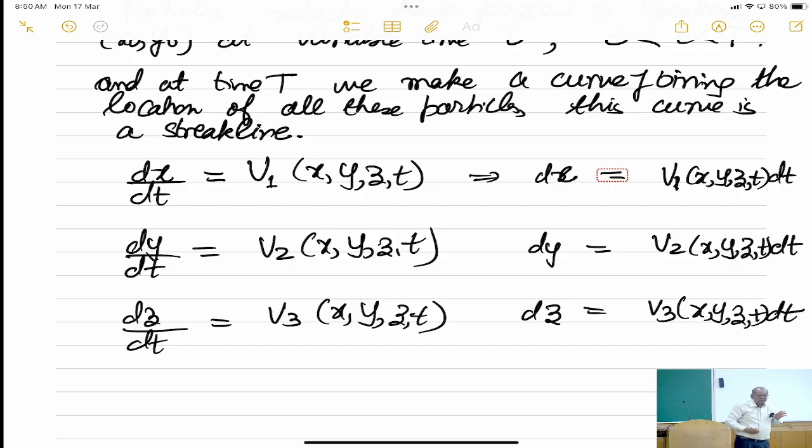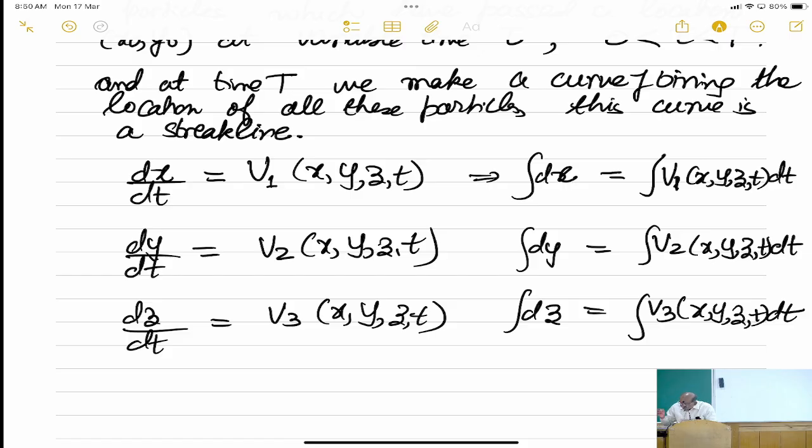But when you integrate, the difference is going to be in the boundary condition.